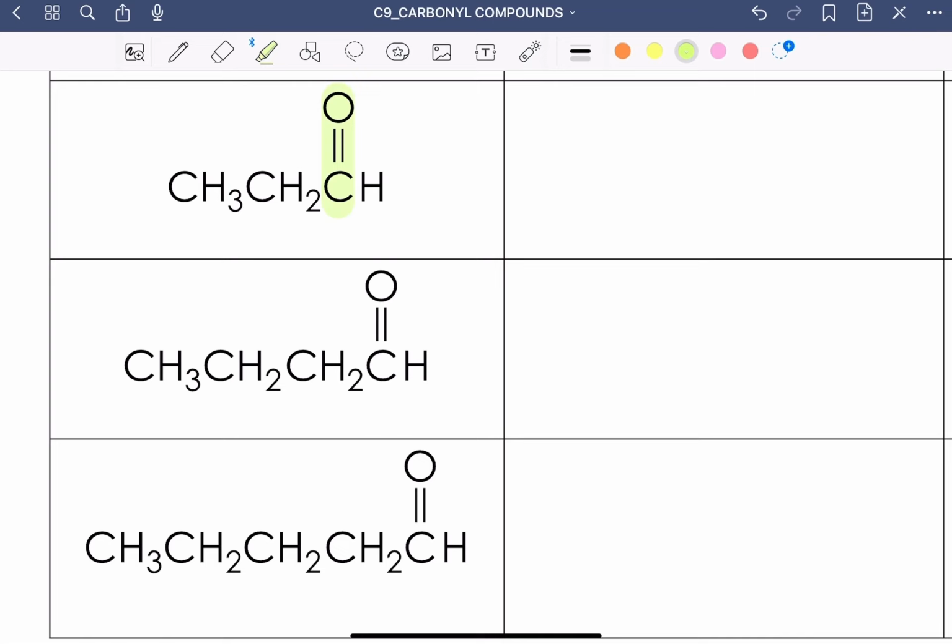Here, C double bond O, the carbonyl group, and it has H. So this is an aldehyde. 1, 2, 3. This is propanal. Next, the carbonyl group is attached with H. 1, 2, 3, and 4. Therefore, this is butanal. Easy, right?